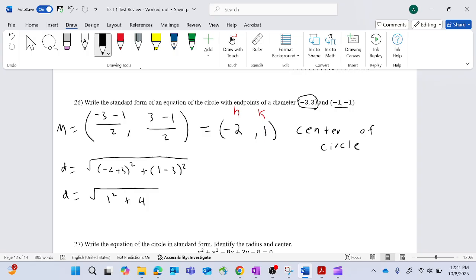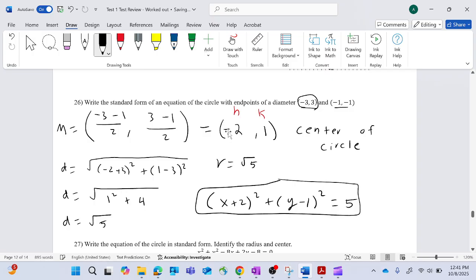So you have 1 plus 4, or the square root of 5. So the distance from the center, the HK, to -3, 3, which is one of the points on the circle, is √5. So that tells me the radius is root 5. So r squared, which is what is in the actual equation, is going to be 5. So what you get is x plus 2 squared plus y minus 1 squared equals root 5 squared, which is 5.